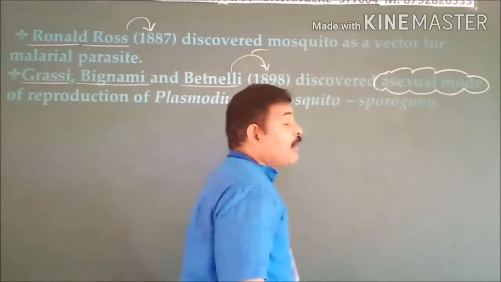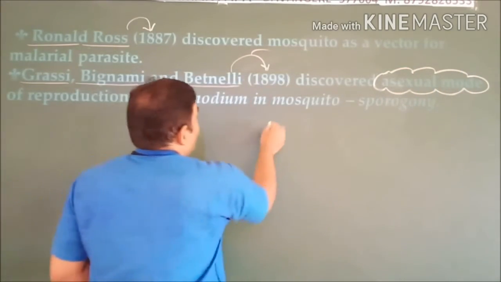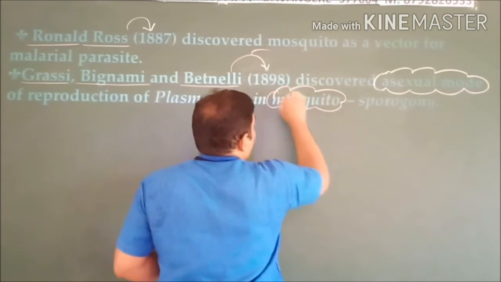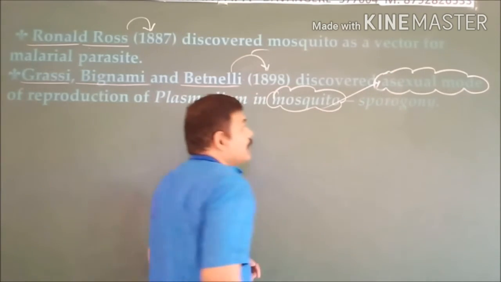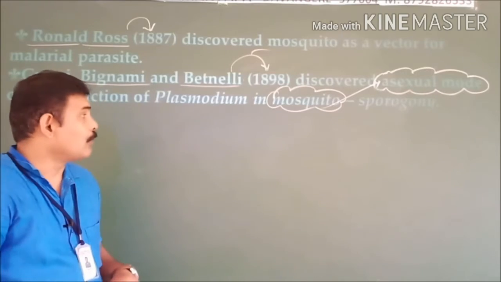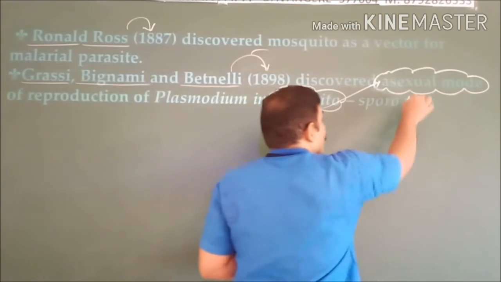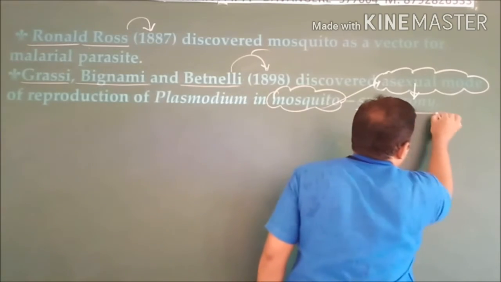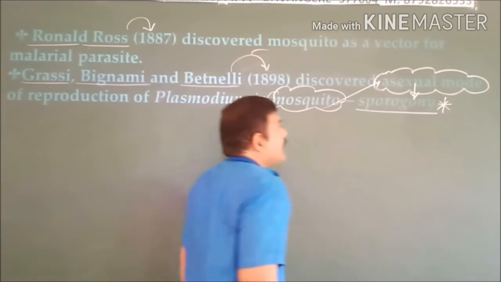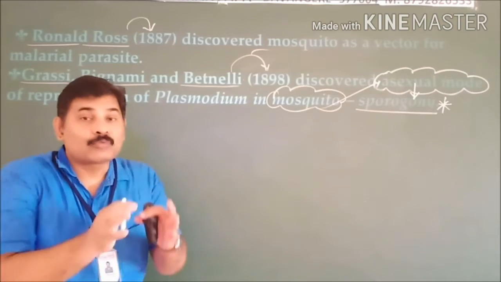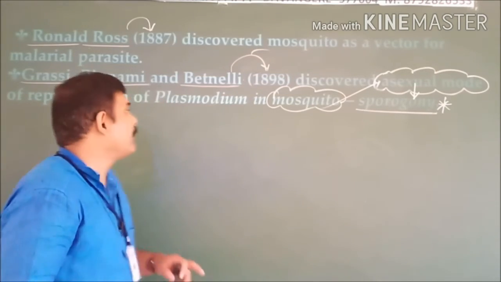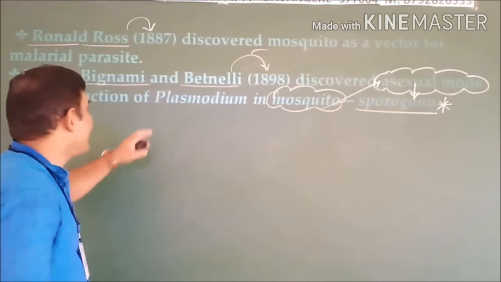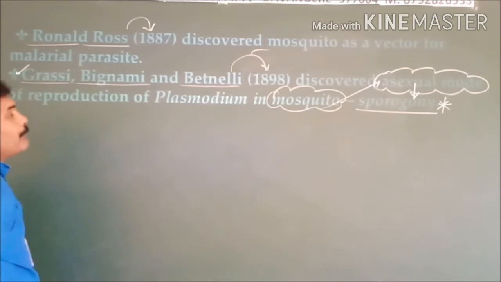This asexual mode of reproduction takes place in the mosquito and is known as sporogony. It's a very important point. It was discovered by these three scientists, among whom Grassi is the prominent personality.